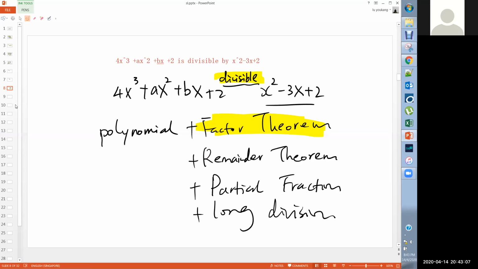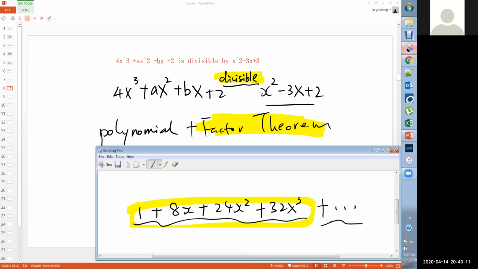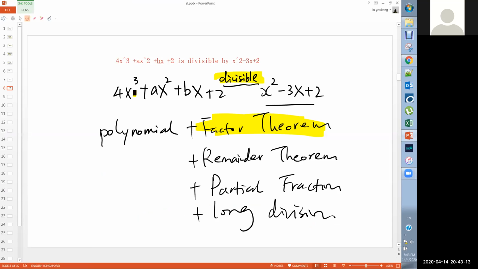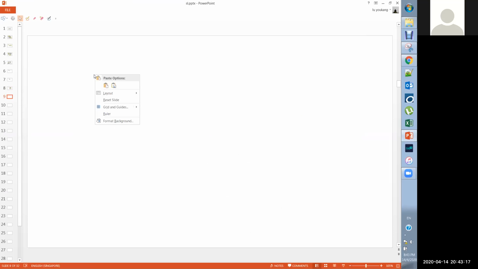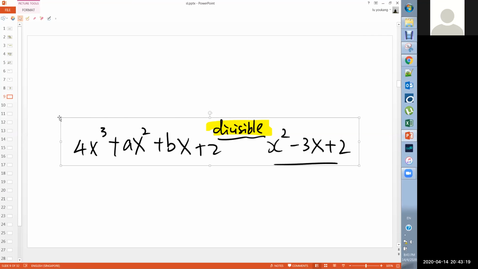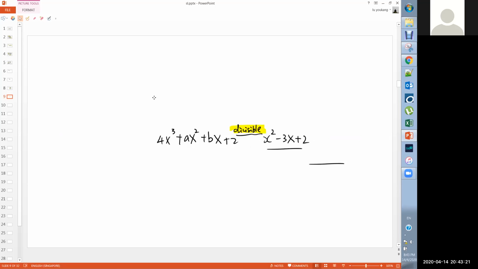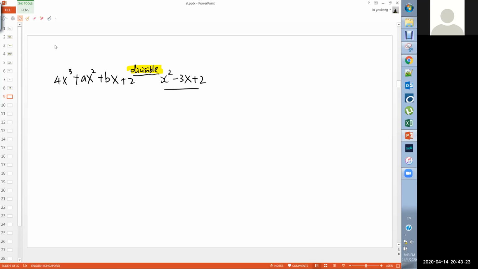Okay, so let me talk about this question then. Let me get this out. Okay, divisible. Divisible means what? Divisible means factor theorem.